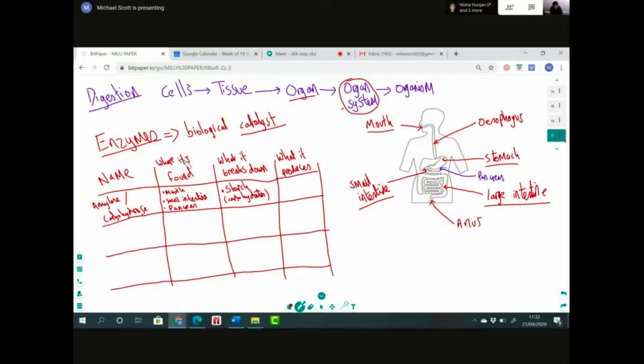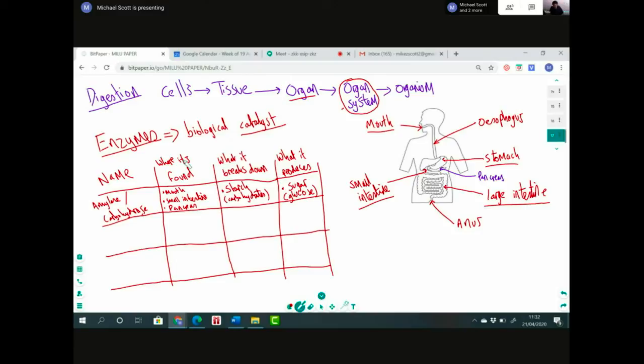But you also need to know that when amylase breaks down this starch or carbohydrate, it produces sugar. To be a bit more specific, it's actually glucose. So when we break down starch using amylase, we produce a lot of sugar.